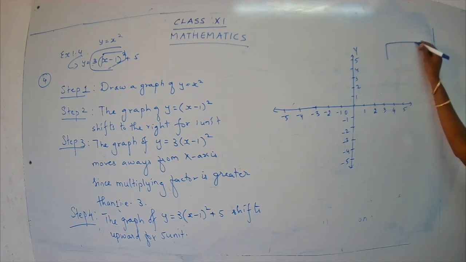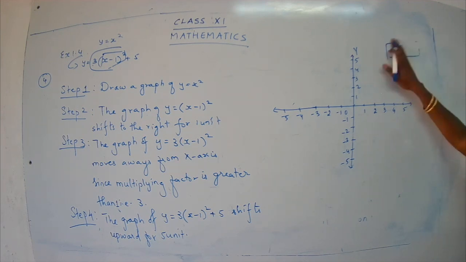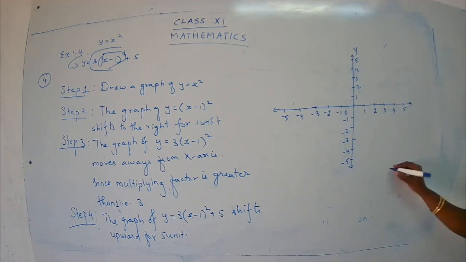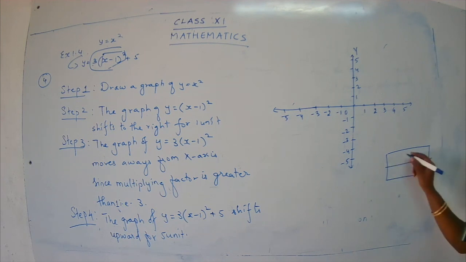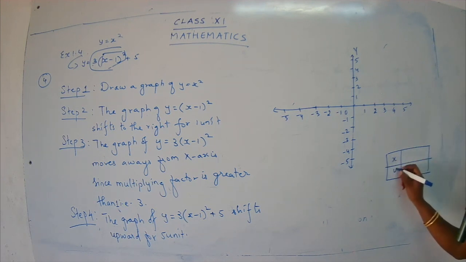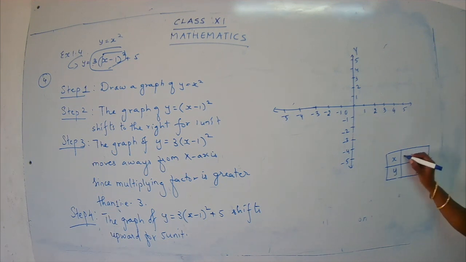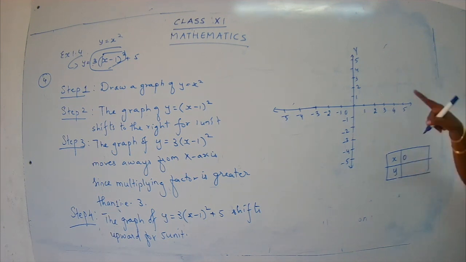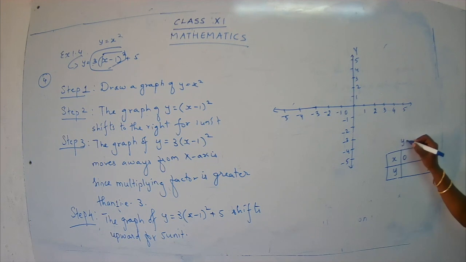Or I'll just draw a table for y is equal to x square. I'll just draw it below, no problem. Y is equal to x square. So I just take the values for x and y. Students, if I take x as 0, y is equal to x square. I am taking the original graph, y is equal to x square. So 0 square is 0. 1 square is 1. -1, 1.